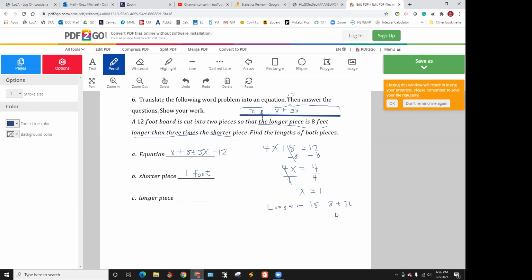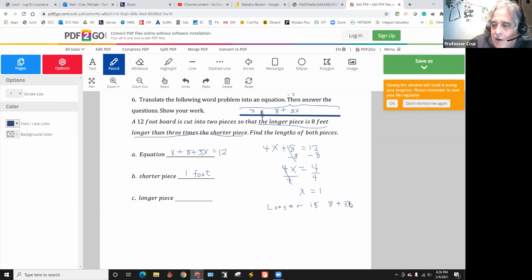Since x is equal to 1, we put in 8 plus 3 times 1 in place of the x. So it's 11 feet. You can tell that's right because 11 and 1 is 12.